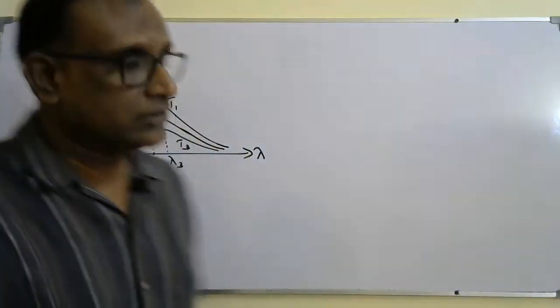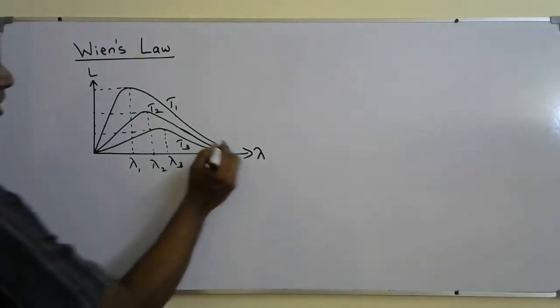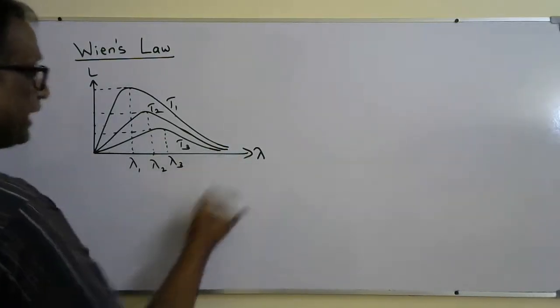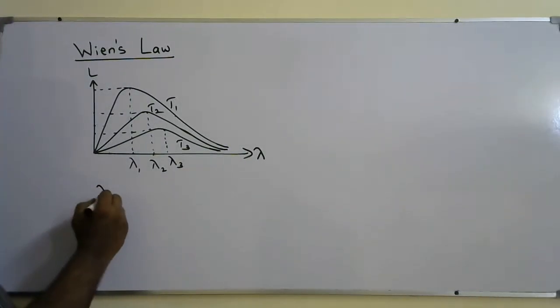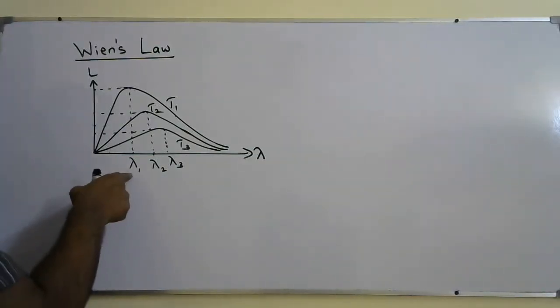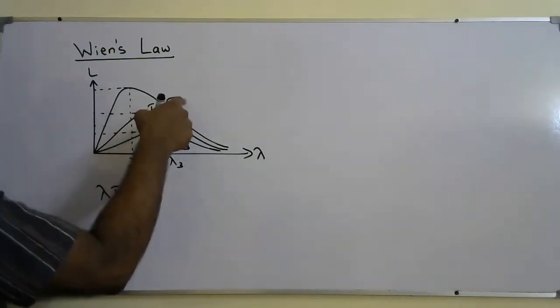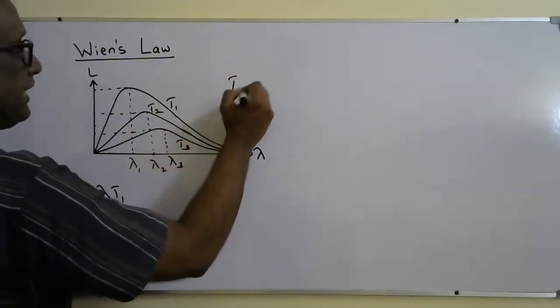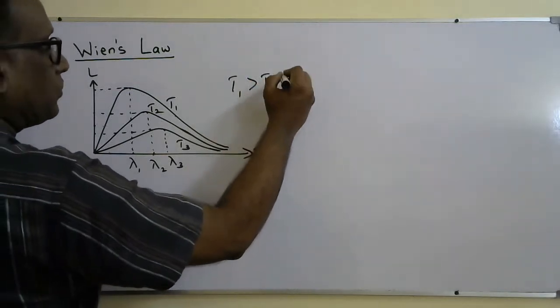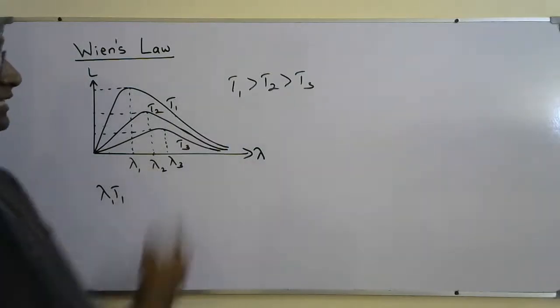So Wien's law tells about how the luminosity varies with different wavelengths of the emitted radiation. Here lambda 1 is the wavelength that corresponds to the highest luminosity at temperature T1. Temperature T1 is greater than T2 and T3, so T3 is the lowest temperature and T1 is the highest.